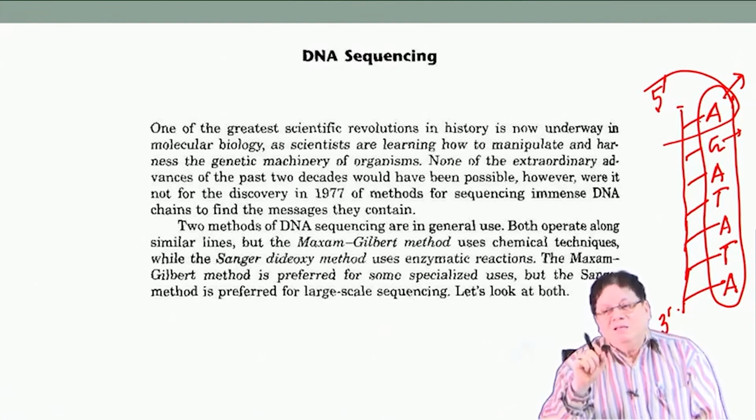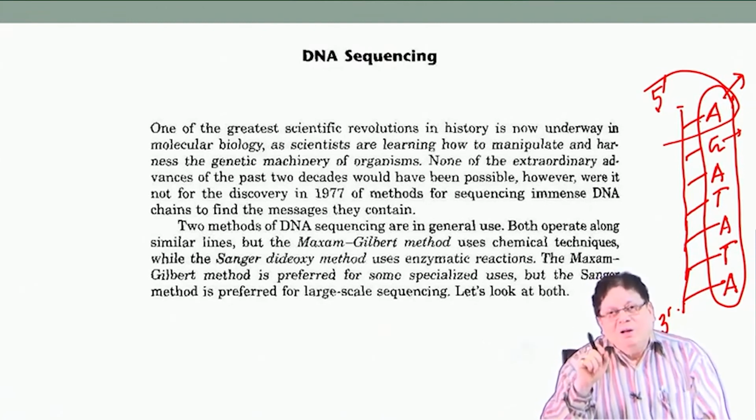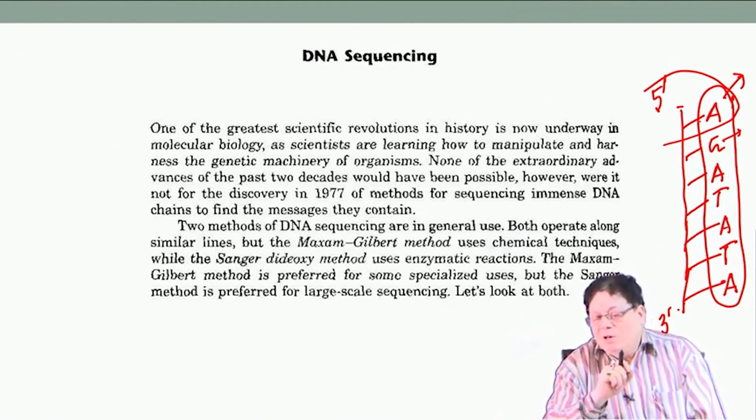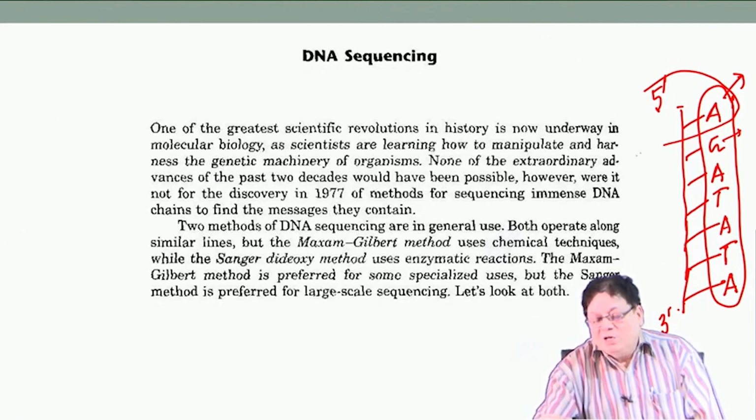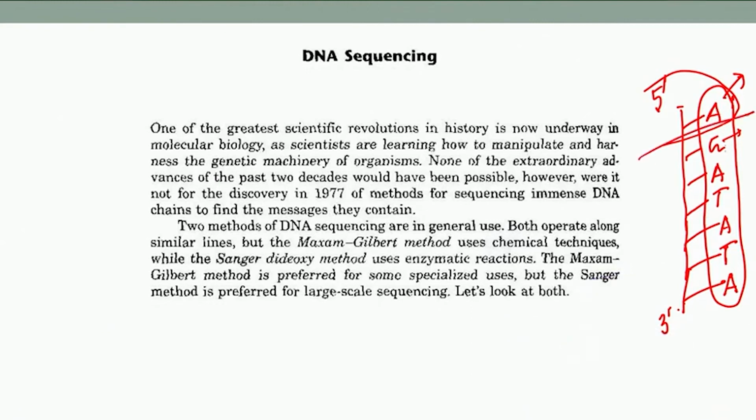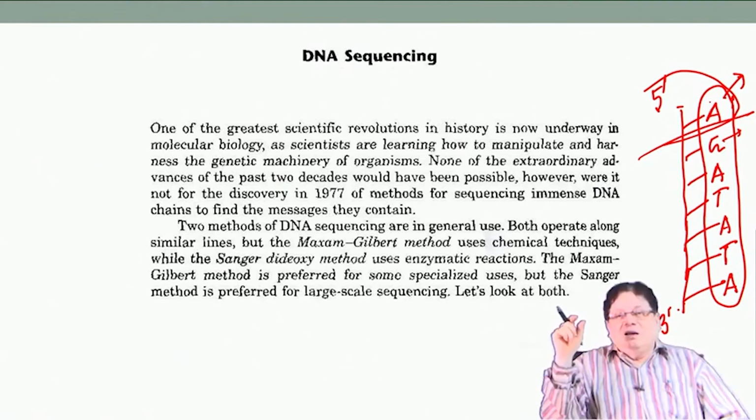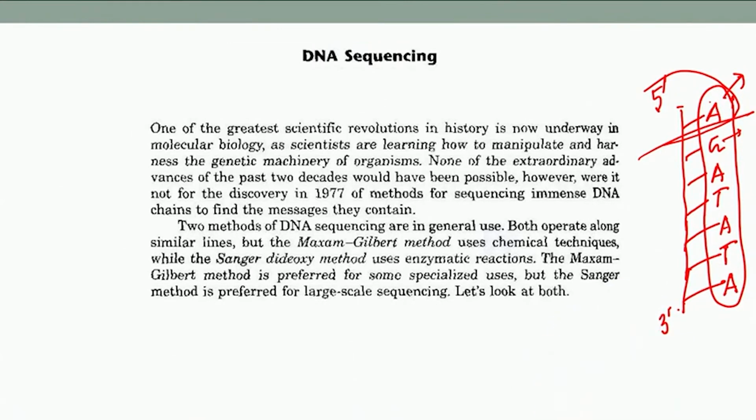Both are purine bases. So, it will be very hard to find a condition where only A will be cleaved, that means the A containing the sugar phosphate will be cleaved, and you will get a DNA which is only devoid of A, because A and G are very similar in their structure and there is only a slight difference in their reactivity, obviously, because one has only an NH2, 6-amino purine, the other has a carbonyl at the 6th position and there is another NH2 there.